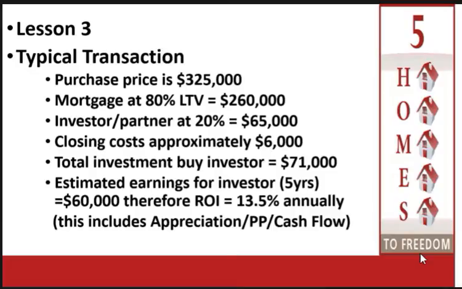There's a lot of factors that come into play here, but for argument's sake, we're just going to select the number of $60,000. So if the investor is going to earn $60,000 over the course of 5 years, that's approximately a 13.5% return annually on their investment. Now this includes the appreciation, the principal pay down, and the cash flow, and this is typically based upon a 50-50 split with you. Okay, so that's their portion, that's their return on their investment.